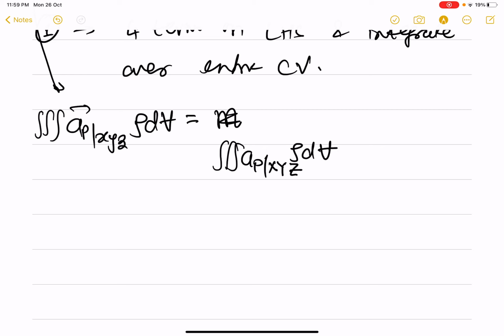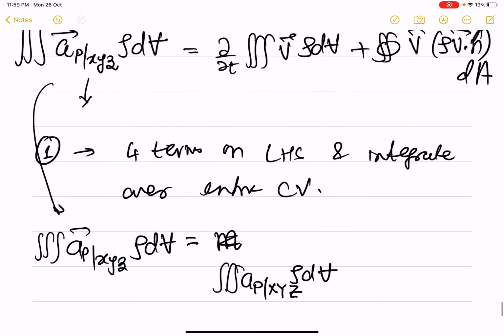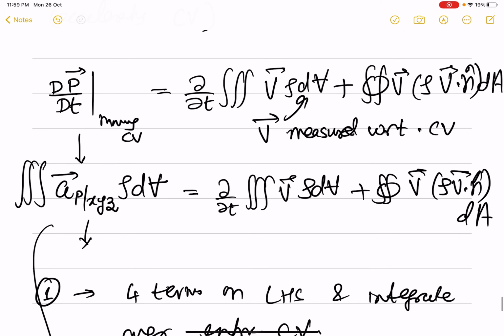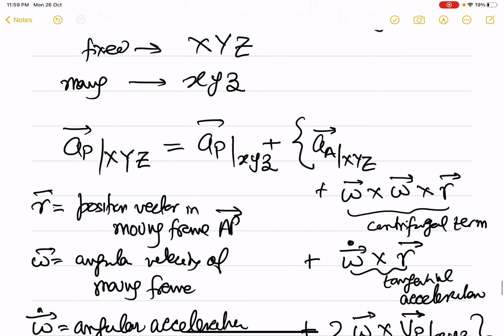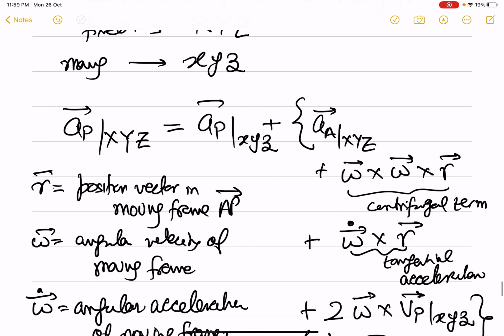This is nothing but the total acceleration of each of these terms as seen from the fixed frame. So let's go back, this is this term here, and I take these 4 terms in the curly brackets on the left hand side.